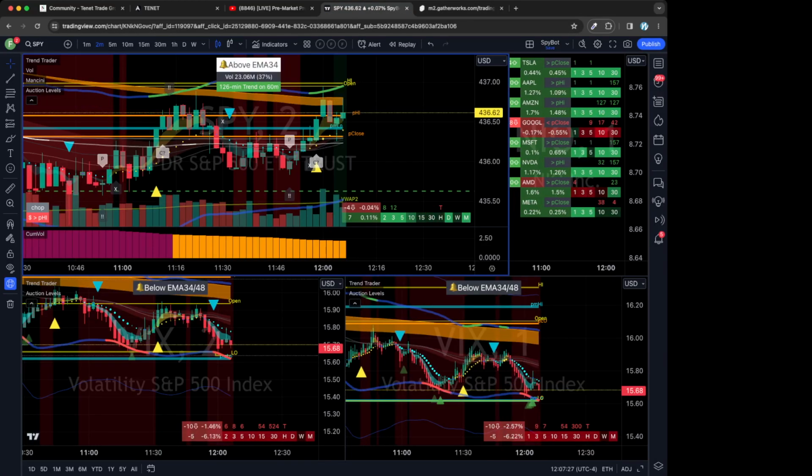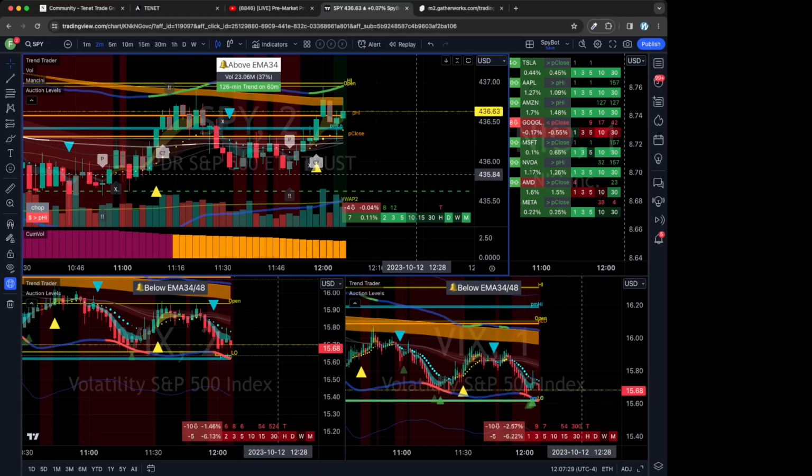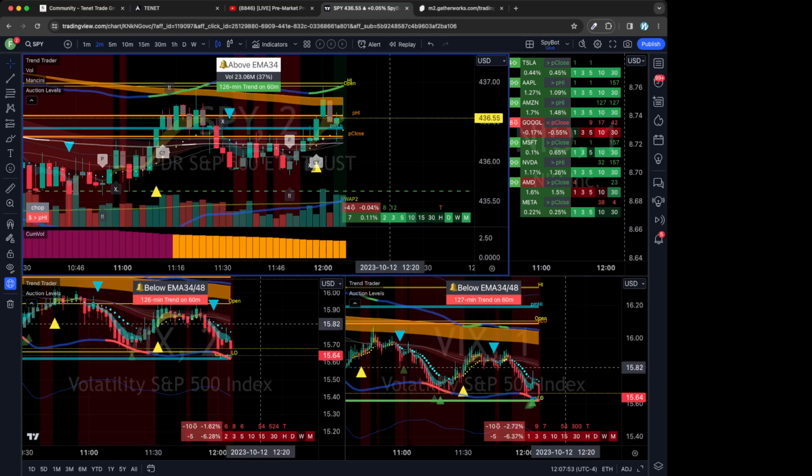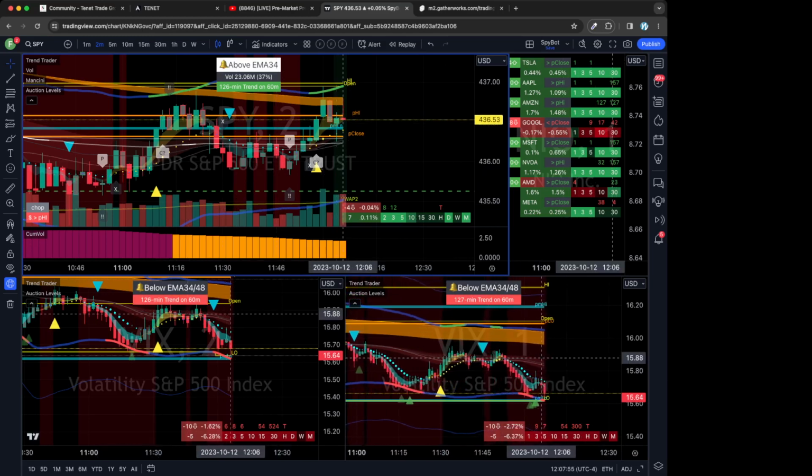And right now it's choppy, and many times in the afternoon, we might see some direction, especially around 1:30, 2 o'clock, 2:30. So you can wait it out, but you should be careful. You should not be chasing it, because that's when you usually get burned.